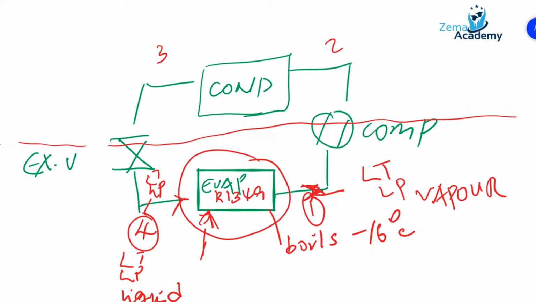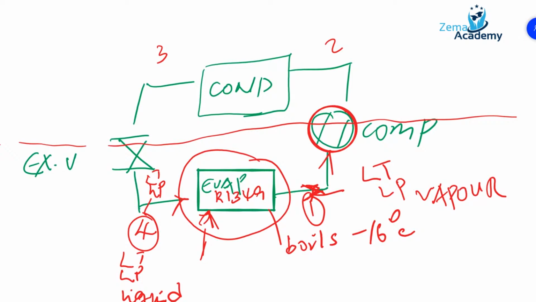Then we feed it into the compressor. The primary function of any compressor: at point 1, we have vapor, but that vapor is at a very low temperature and low pressure.